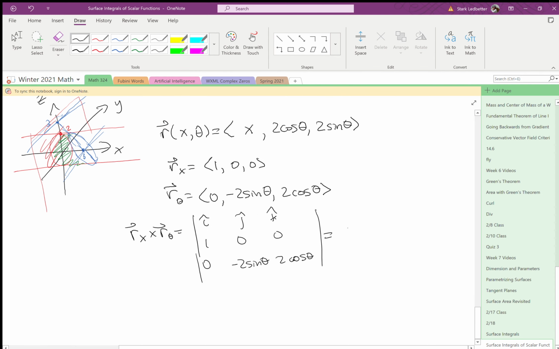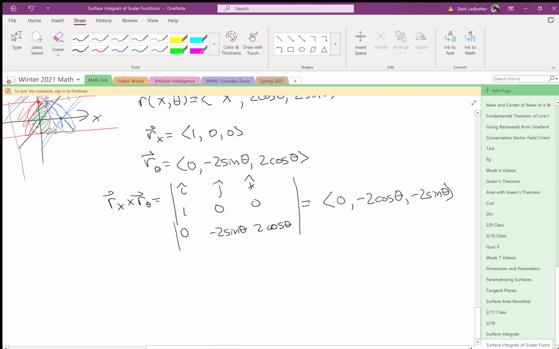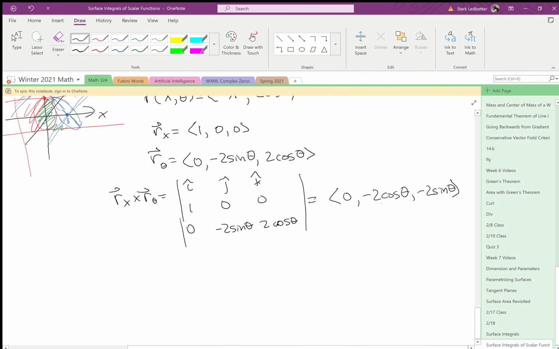So then we get 0, negative 2 cosine theta, negative 2 sine theta. Without doing square roots or anything, because we have a cosine theta and a sine theta there, I can tell that the magnitude of this is going to be 2. You can certainly do square roots and calculate it, but if you have a little bit of experience with circles, which we do at this point, you can tell the magnitude is going to be 2.